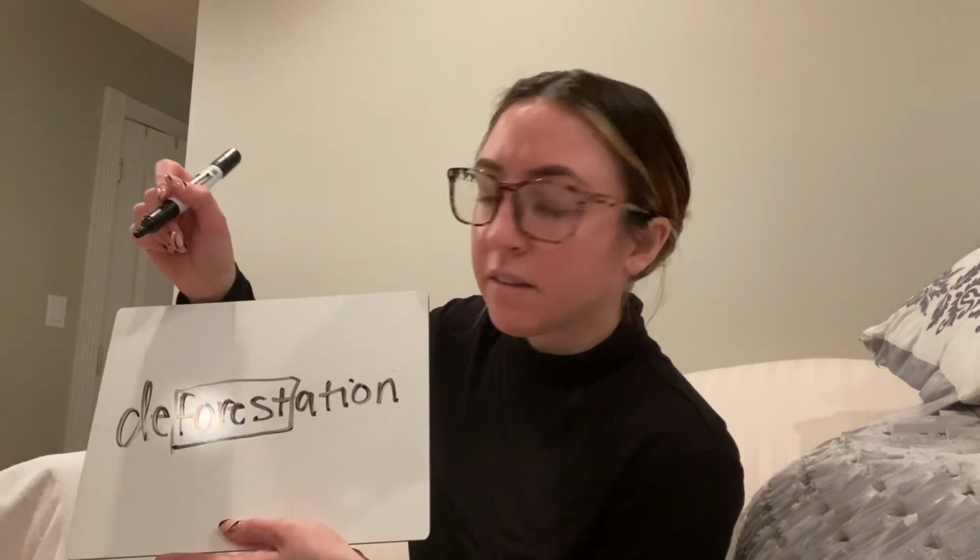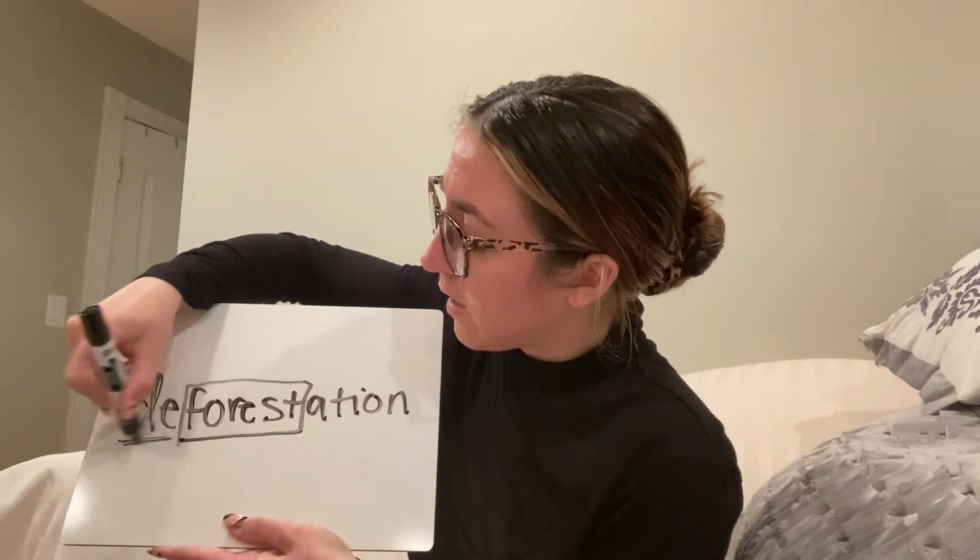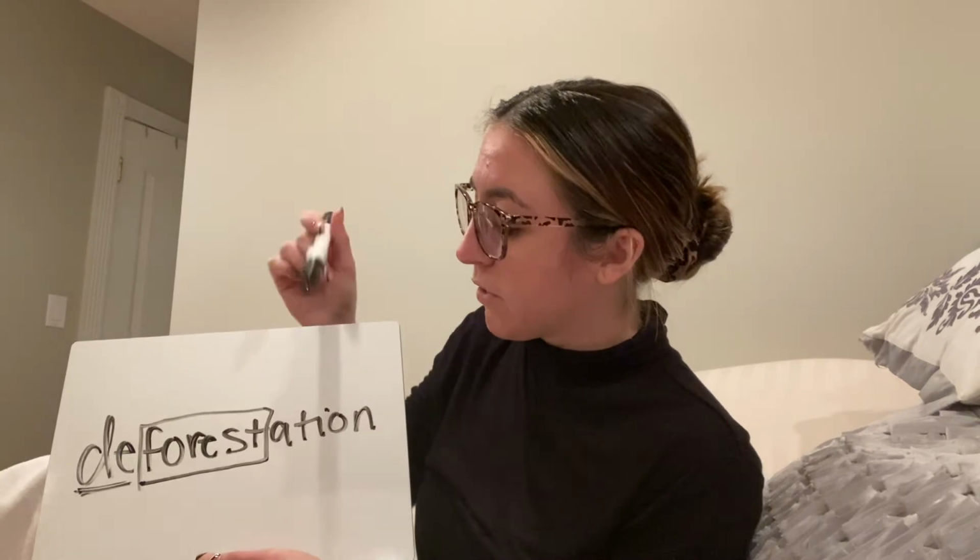If it's before the base word, the D, the DE, right. Okay, and what does D mean? Right, D is the takeaway. So let's keep that in mind. D is the takeaway.